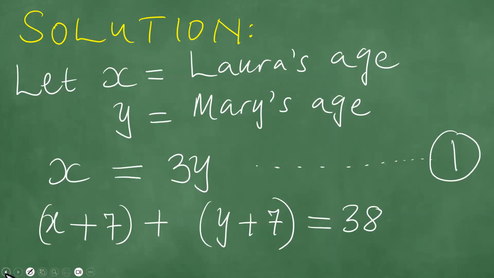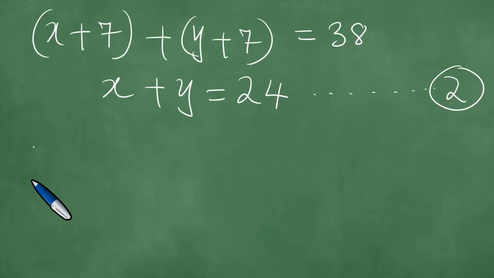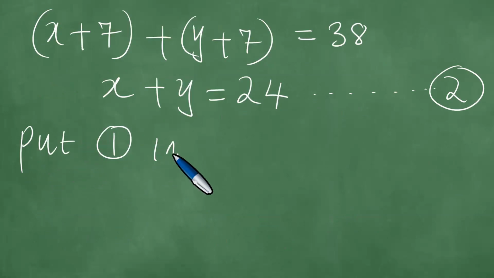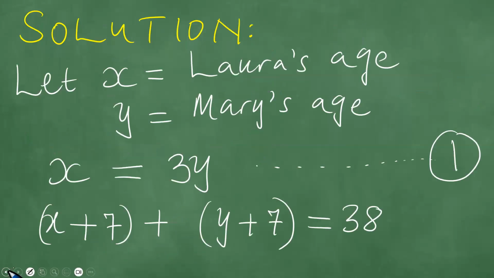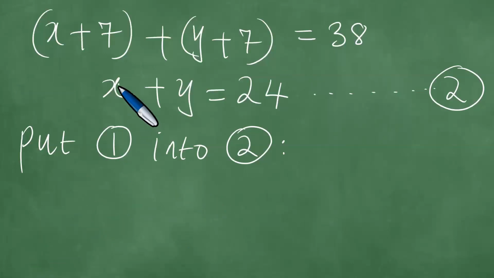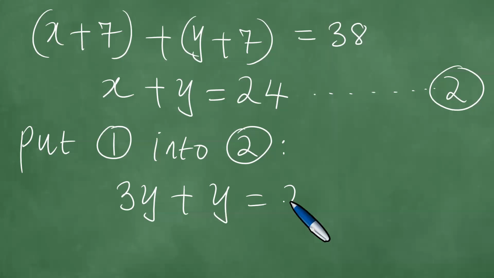So what we then do here is we put 1 into 2. If we do that, 1 is x equals 3y. So wherever there is x, we put 3y. So we're going to have 3y plus y equals 24.